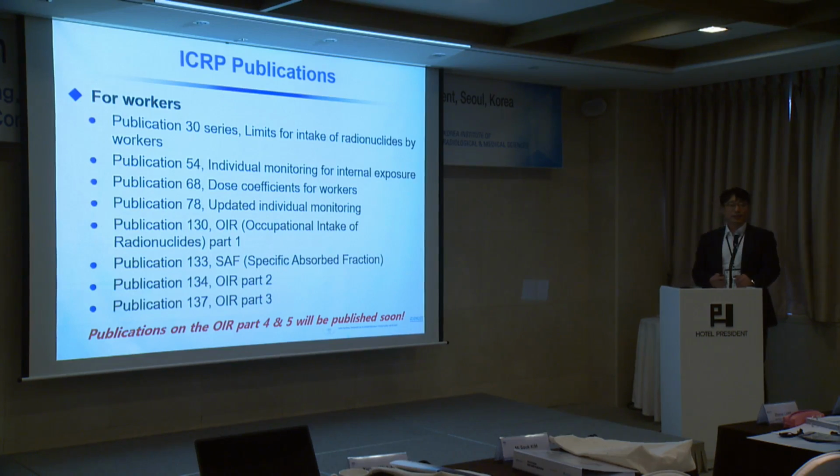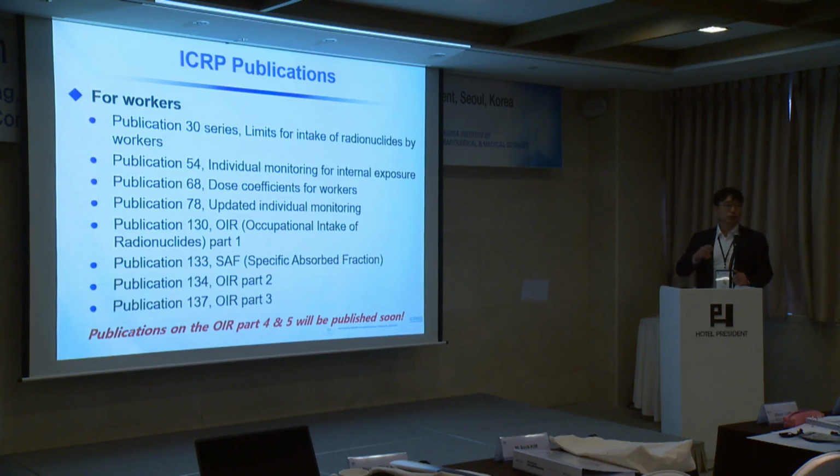And there are a lot of ICRP publications about internal dose assessment for the general population and radiation workers, so I just summarized the list of these documents. These ICRP publications were published for internal dose assessment of radiation workers, from Publication 30 to Publication 137. ICRP will publish OIR Part 4 and 5 maybe next year or later.